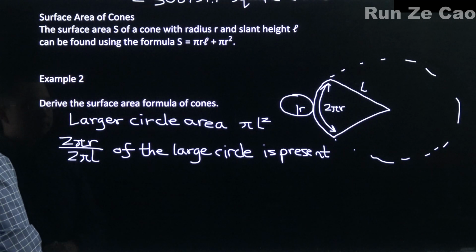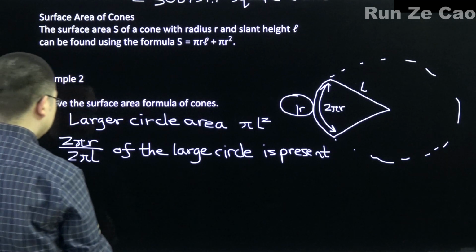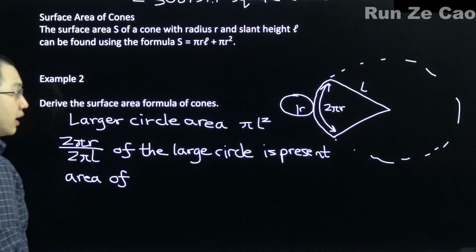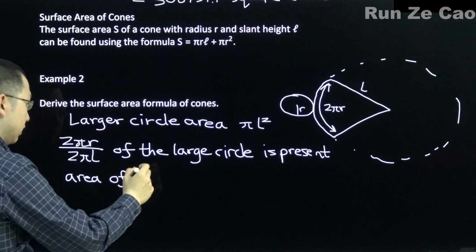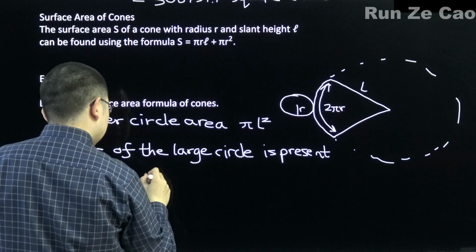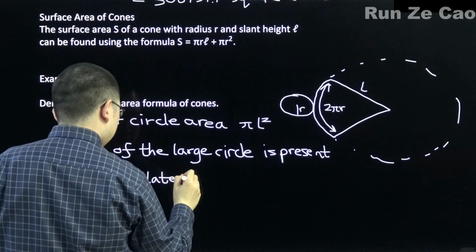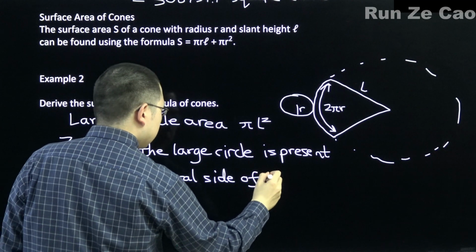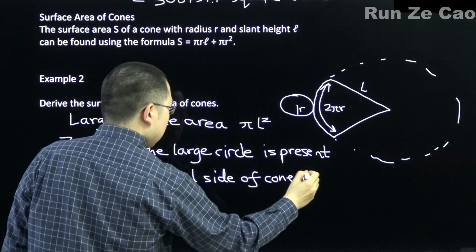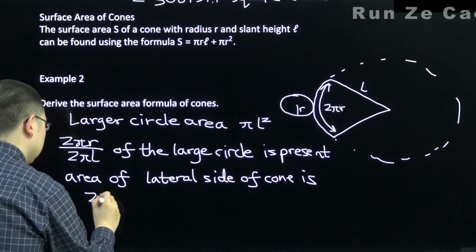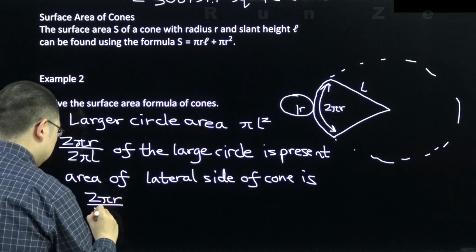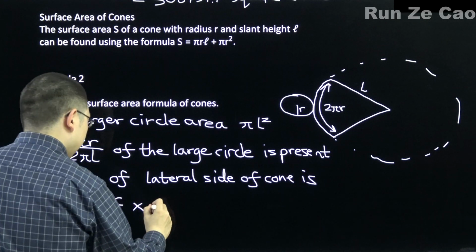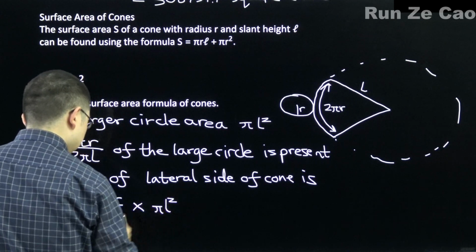So as a proportion of the larger circle's area, this portion is the part that exists in the net of the cone. Okay. Therefore, the area of this wedge shape, the lateral side of the cone, is 2 pi r over 2 pi L multiplied by pi L squared.